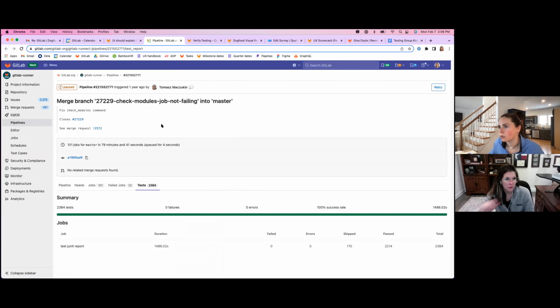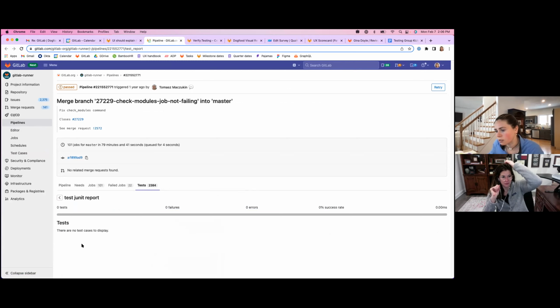If I have this old pipeline that I triggered a year ago, and I go into the tests, I see a summary that looks active, because that's what all of our other ones look like. But if I go into this specific test job, we're also calling it test case, I don't have anything here. I don't know if that's because they're expired, but I don't know that from the UI.